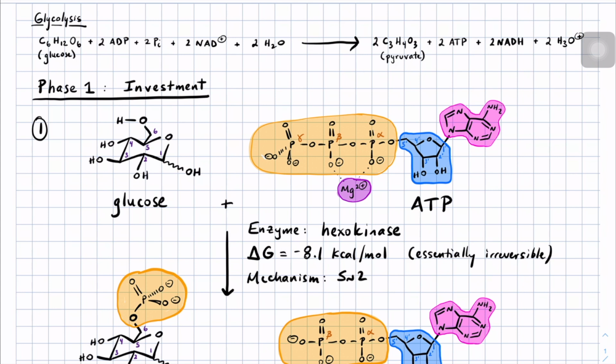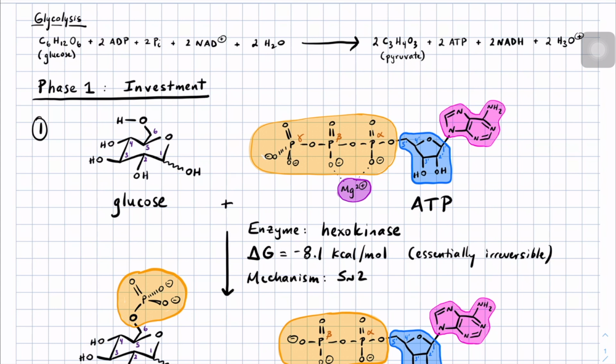It's only when new bonds are made that are more stable than the ones you broke that a reaction releases energy. And so we'll see that even in our first step of glycolysis. There's another misconception in terms of how your body uses ATP to do work, and we may talk about that at the end, but for today we'll focus on the mechanisms of glycolysis.